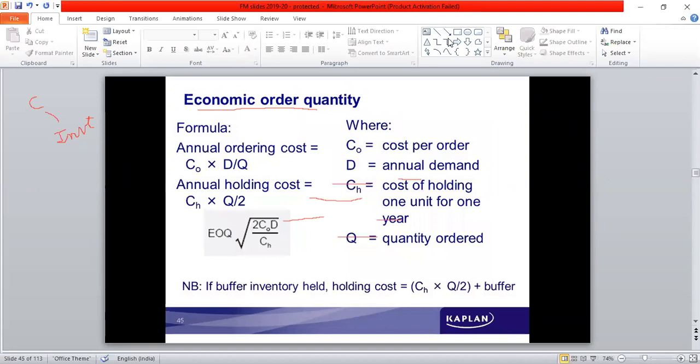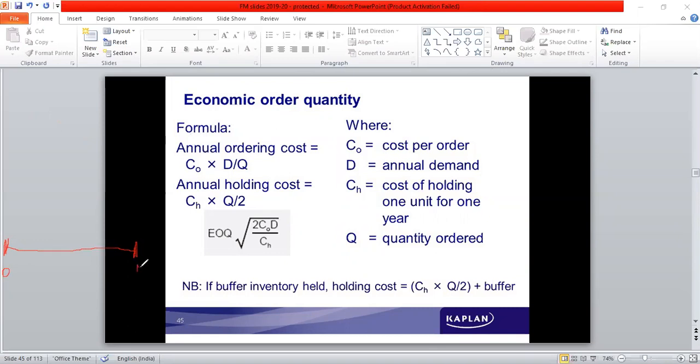To support us in that, there is one concept called economic order quantity, which is used to decide how many units or how much inventory should be maintained. Let's say on a scale of inventory, this is zero units, and this is the maximum requirement of material.